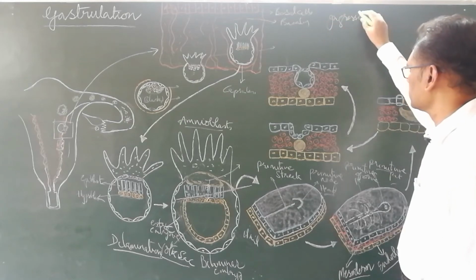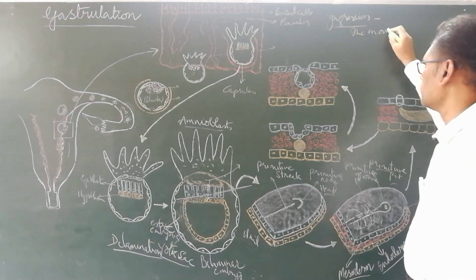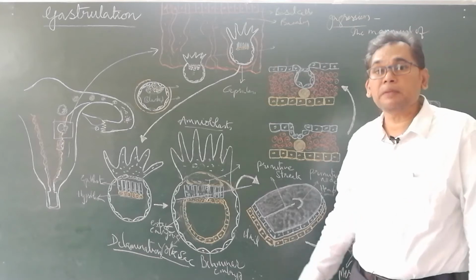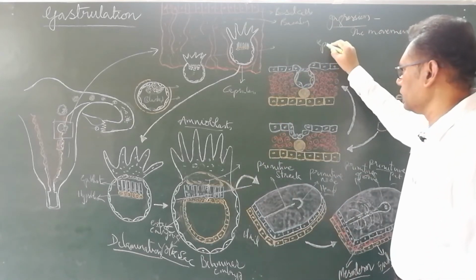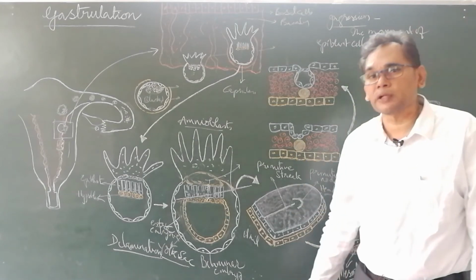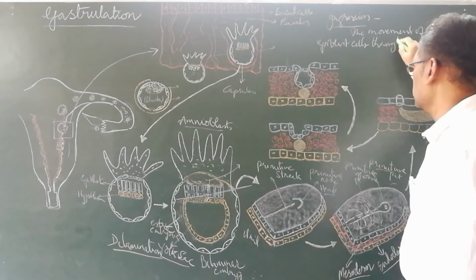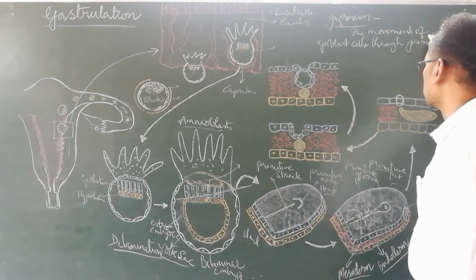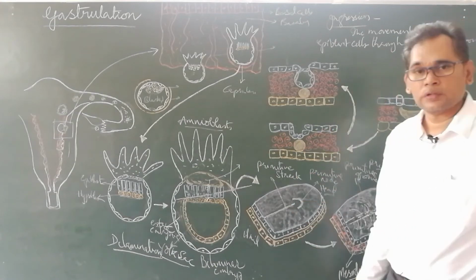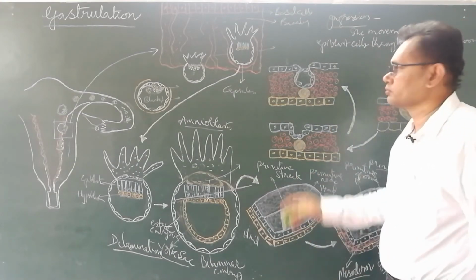Ingression means the movement of epiblast cells through the primitive groove, which results in the formation of endoderm and mesoderm.